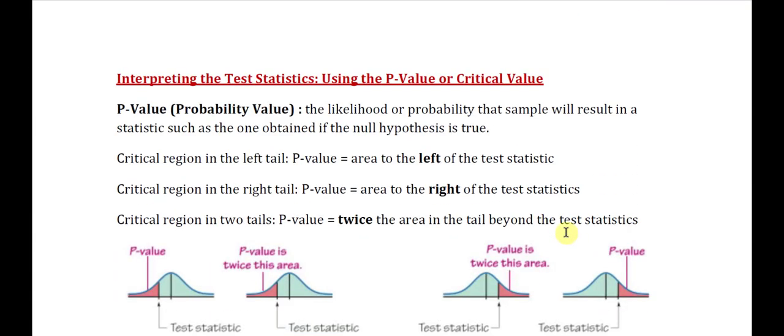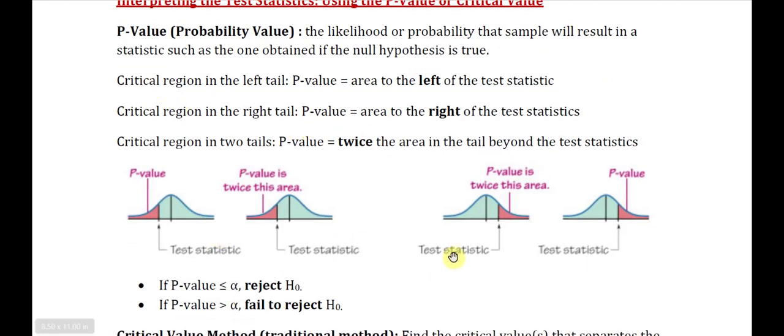Okay, so using the p-value or the critical values. Now the p-value is just the probability value. P stands for probability value. This is the likelihood or the probability that the sample will result in a statistic such as the one obtained if the null hypothesis is true.